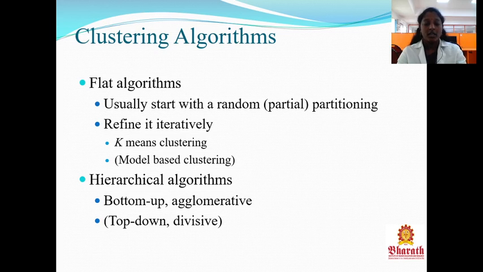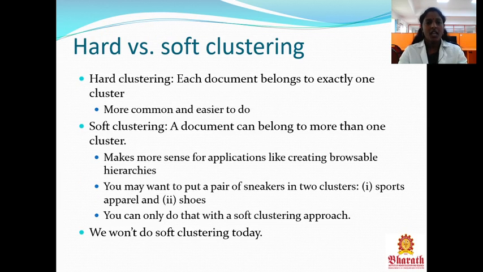Under hierarchical algorithms we have bottom-up, which is also called the agglomerative clustering algorithm, and top-down, which is called divisive. If we divide the data set and cluster it, we call it top-down. If we have the entire data set and grow by grouping the data, we call it agglomerative. We also have hard clustering versus soft clustering.